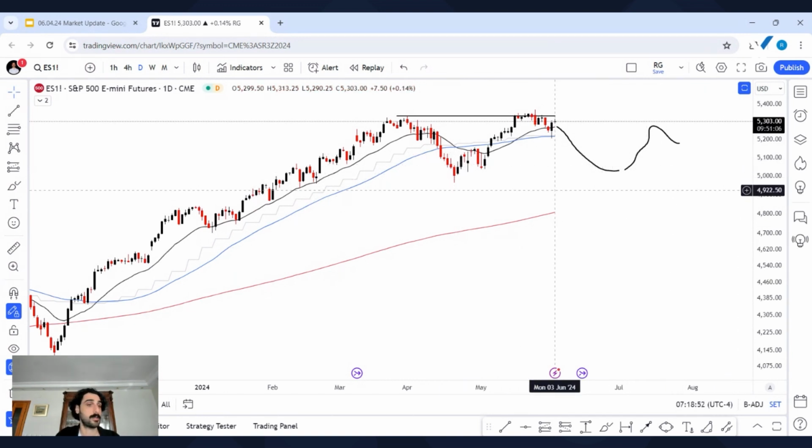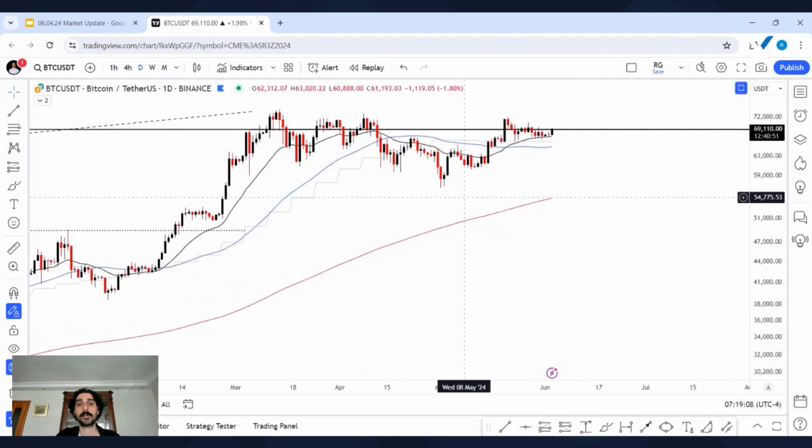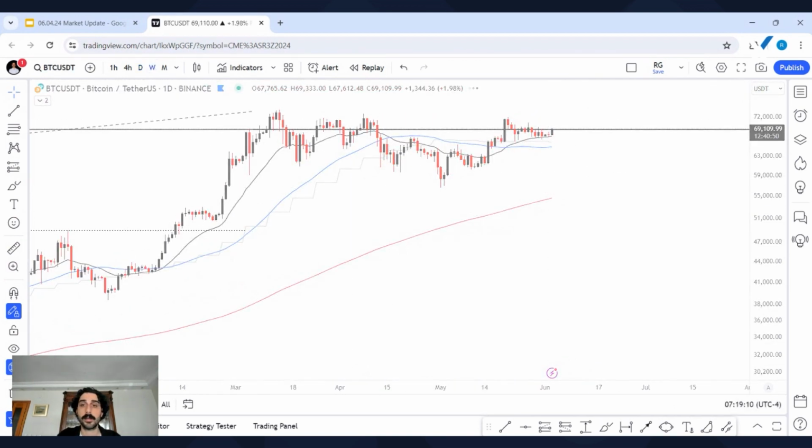That scenario seems valid as we see some more tension on the geopolitical side, plus this rate cuts and inflation issue, if it maintains.